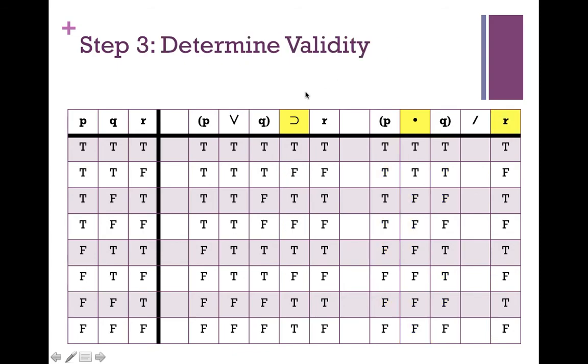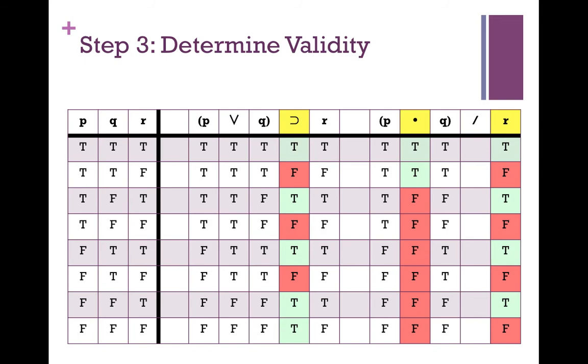And now we have completed our truth table, and so we come to step 3, determining validity. And what we're going to be looking for is an instance of, if one exists, and maybe one doesn't, where premise 1 is true, premise 2 is true, and then the conclusion is false. So just to save time, I'll go ahead and color this in for you. And by the way, when you're doing your truth tables, you don't have to color these in, you don't have to have highlighters and stuff.